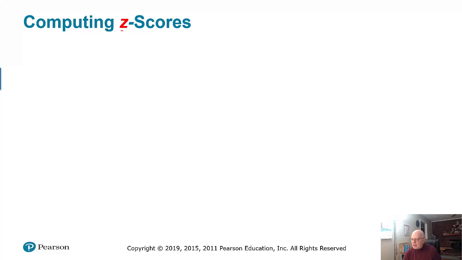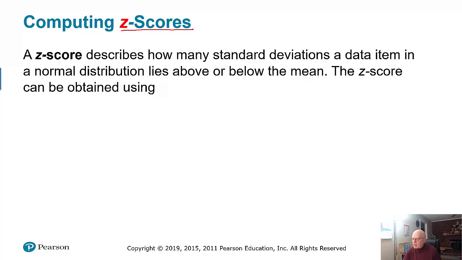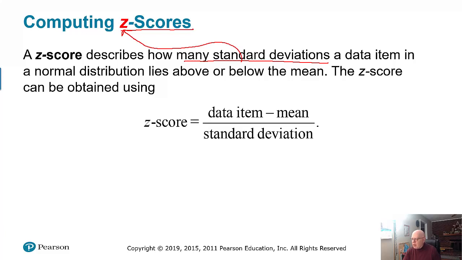How do you compute z-scores? Well, it's very easy. It's going to talk about how many standard deviations. So if you connect standard deviations with z's, you'll be in business. The z-score can be obtained by just such a calculation.